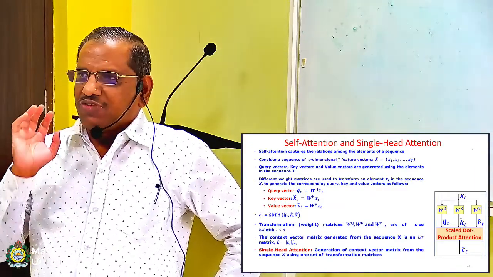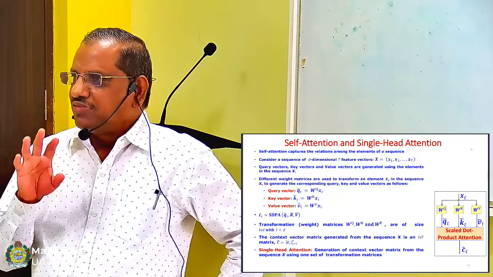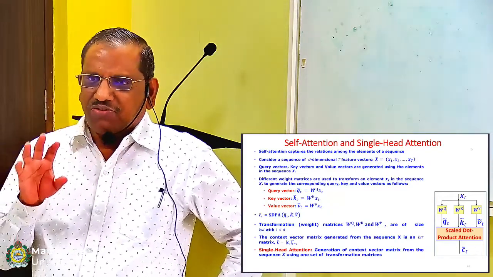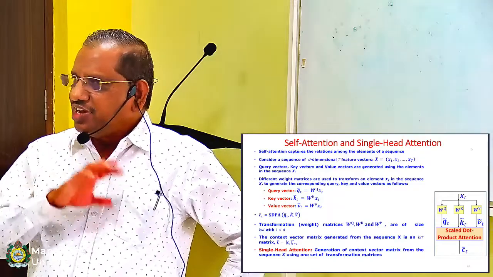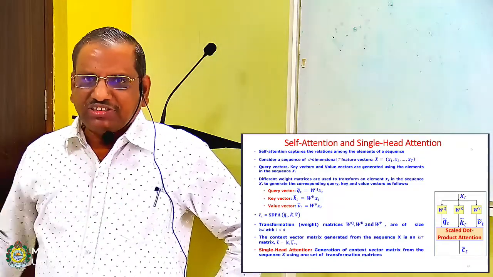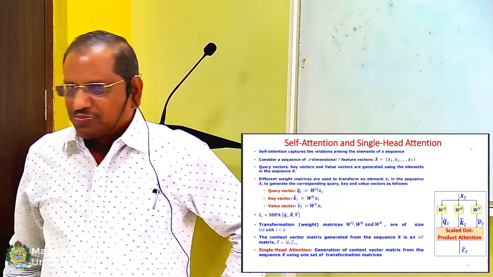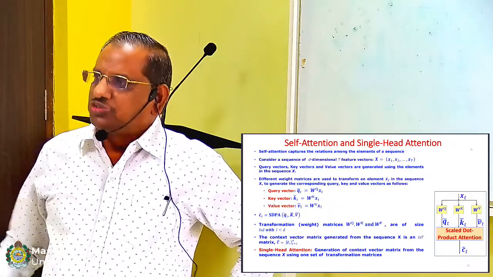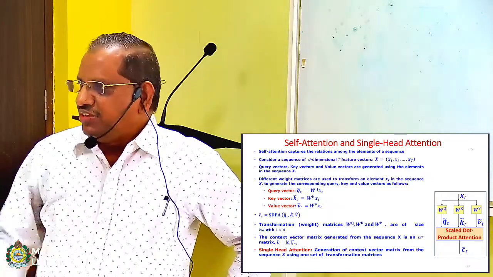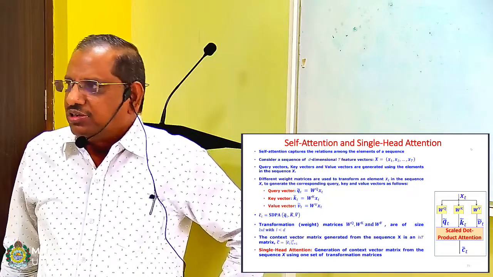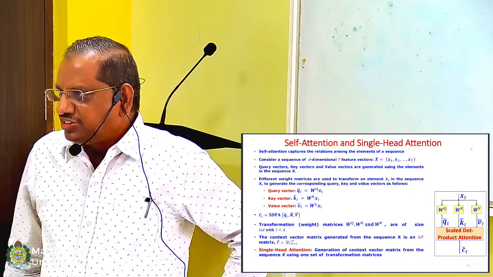We get a completely new representation for this input sequence, which is supposed to be capturing the relations among the different entities in the input sequence, and that's what is used for generation of the target language sentence if it's a machine translation task.